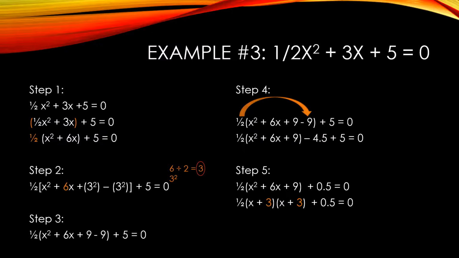So it looks like 1/2 bracket x plus 3 and another bracket x plus 3 plus 0.5 equals 0. And if we wanted to just place that in vertex form, that's step number 6, we have our final equation as y equals 1/2 bracket x plus 3 to the power of 2 plus 0.5.